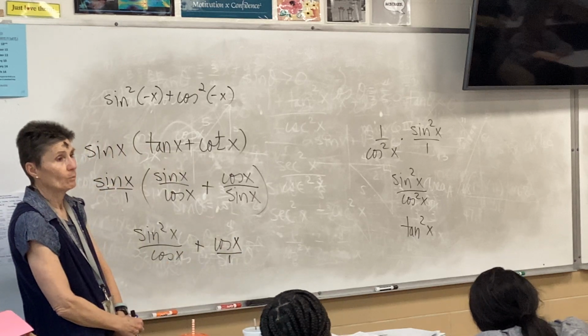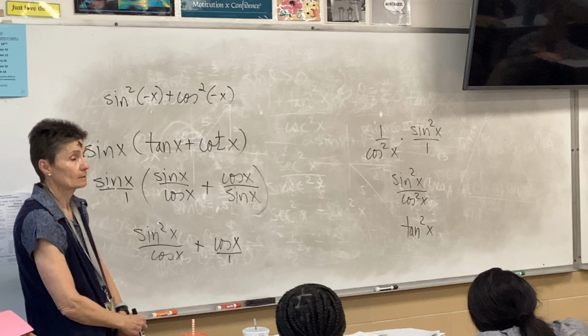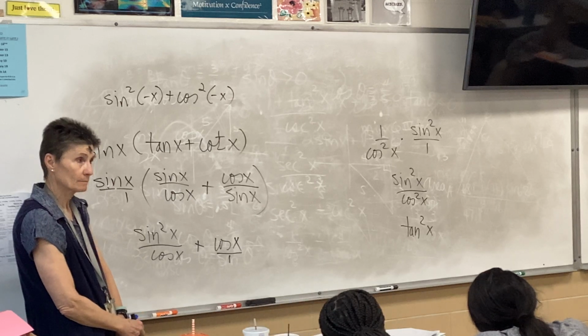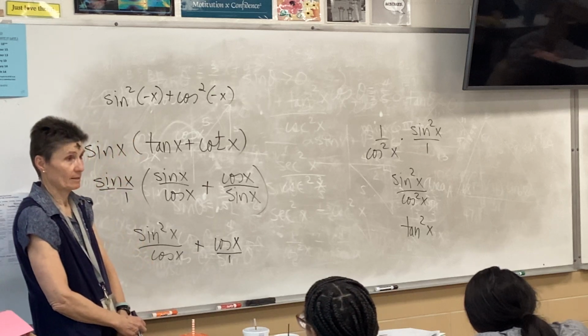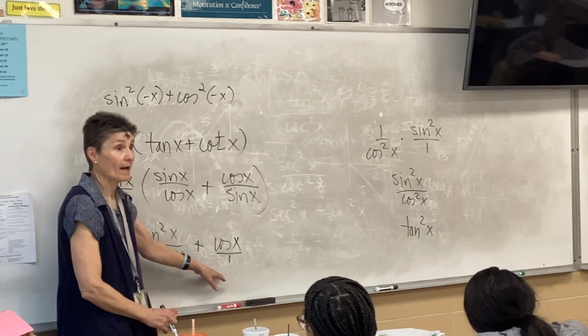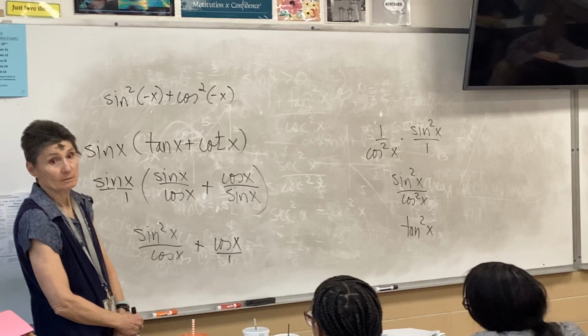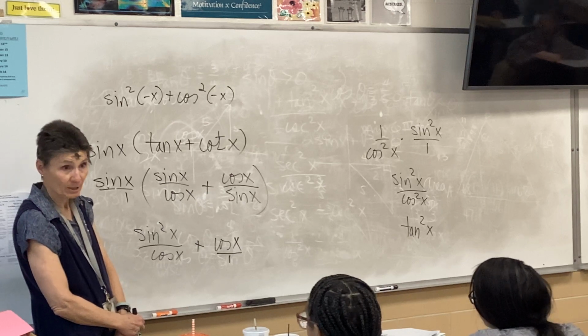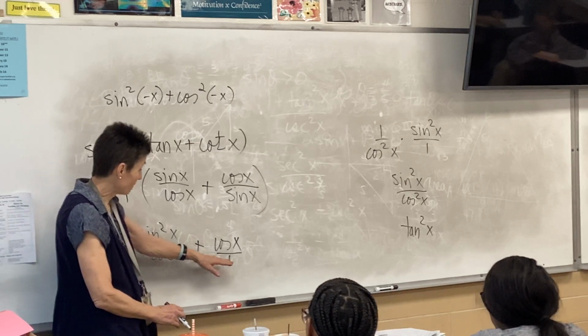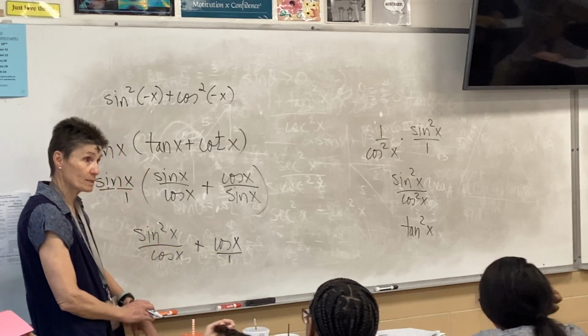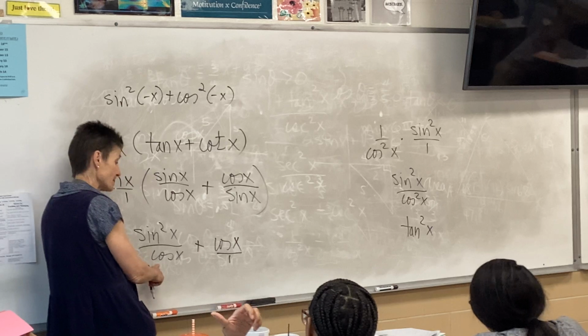Any thought about what we might want to do next? This is arithmetic. You are adding fractions. So what do we need when we add fractions? A common denominator. So what's my common denominator going to be? Cosine. That one already has a cosine.